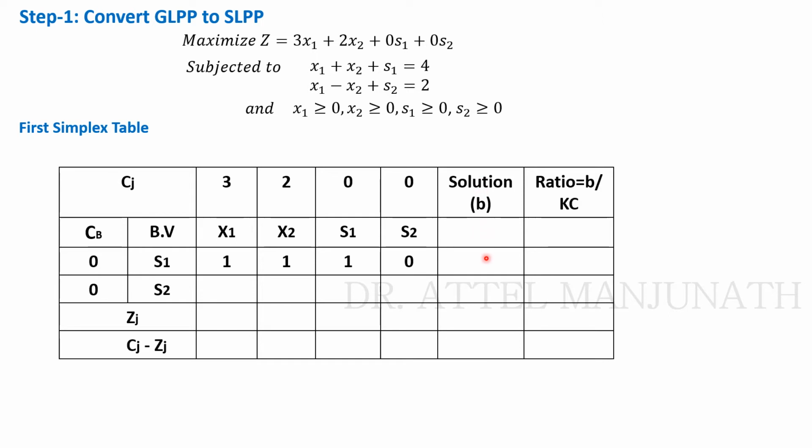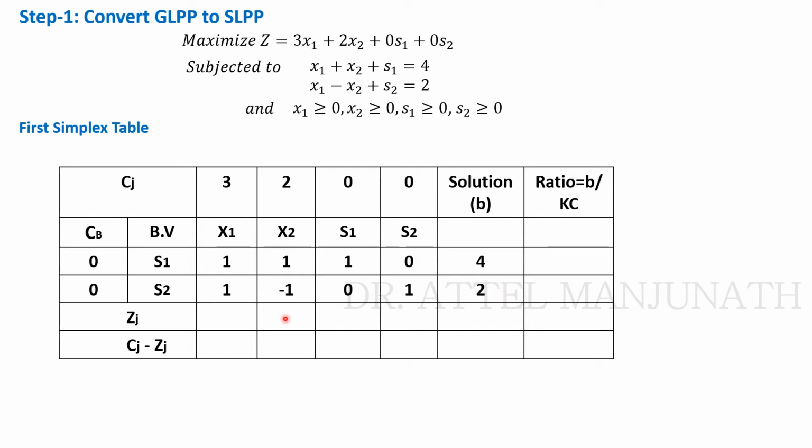Similarly, the solution of the first constraint equation is 4; write 4 in the solution column. Similarly, take the second constraint equation: x1 is 1, x2 is minus 1, there is no s1 in the equation so take it as 0, s2 is 1, and the constraint value, the solution value, is 2.